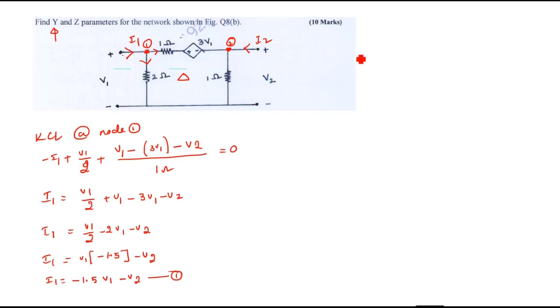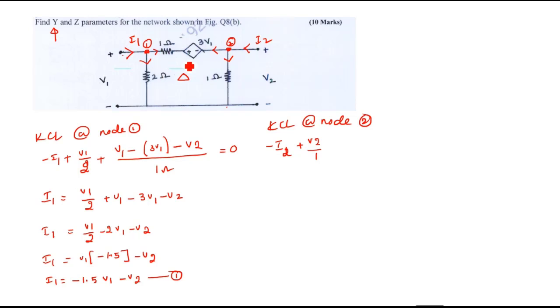Let us apply KCL at node 2. One is incoming. Assume that these two currents are outgoing. So one incoming current, two outgoing currents. I will take minus sign for the incoming currents and plus sign for the outgoing currents. The total current of this branch equals V2 minus 0 divided by 1, so it is V2 by 1.